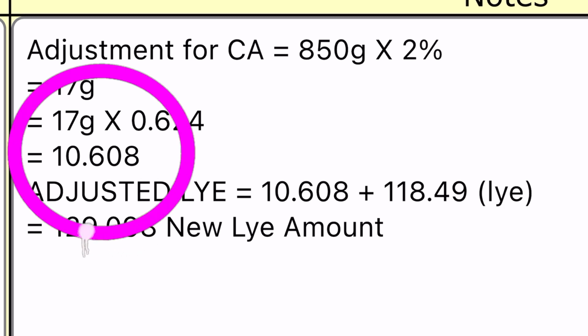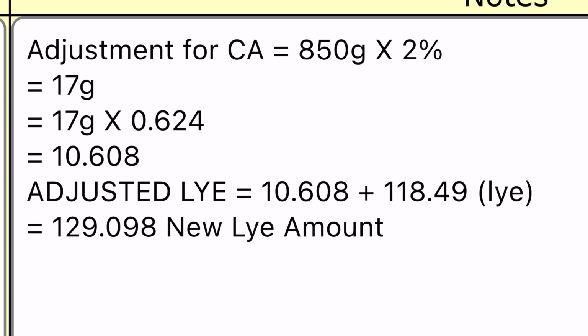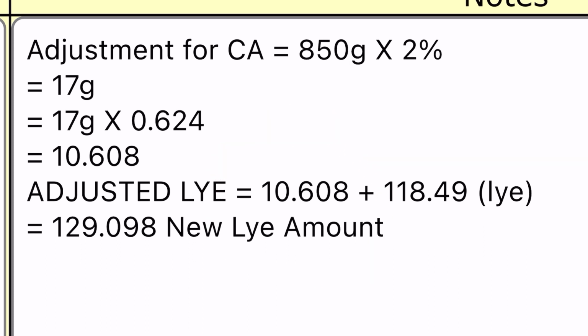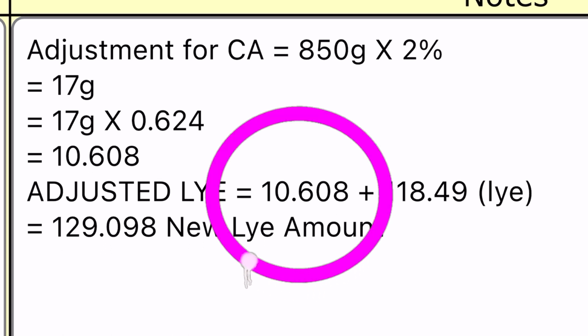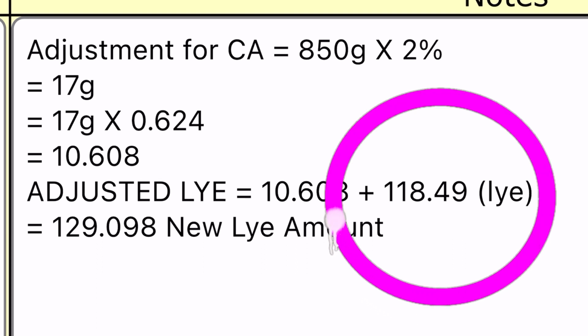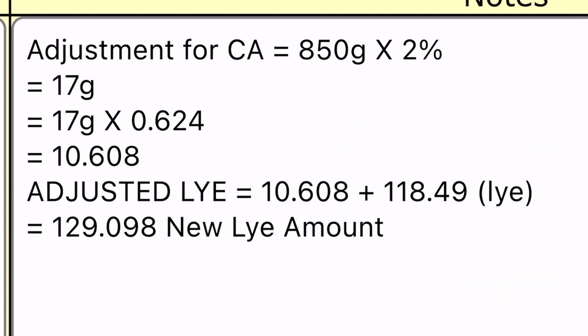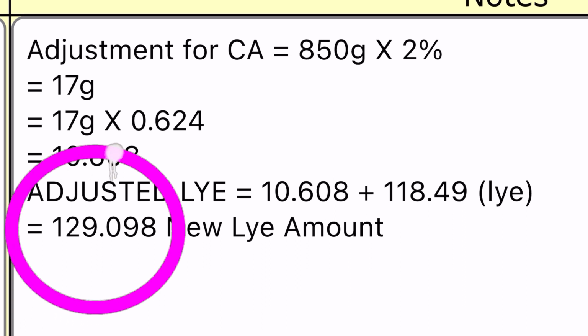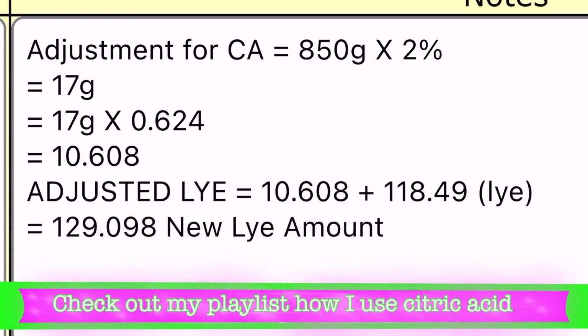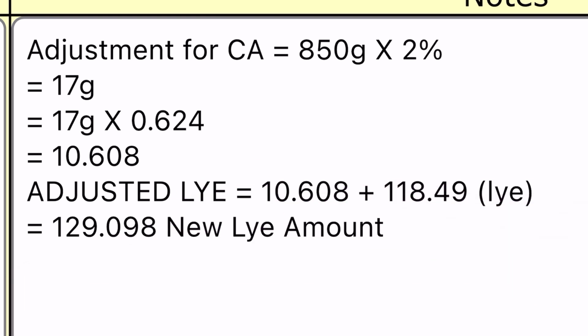That gave us 10.608, the additional lye we have to add in. So 10.608 plus 118.49 equals the new amount, 129 grams of new lye amount we have to put in our recipe. Get it? I hope so. Very simple.